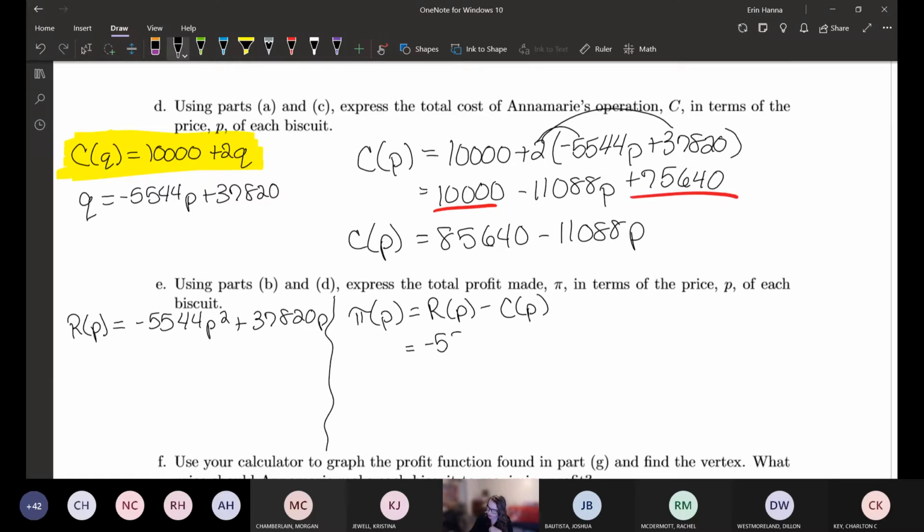So we'll have the negative 5544 P squared plus 37,820 P minus, and then remember, always put your cost equation in parentheses or else you're going to simplify incorrectly. And then that 85,640 minus 11,088 P.